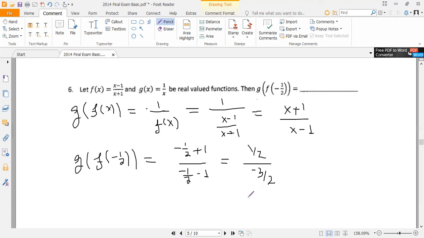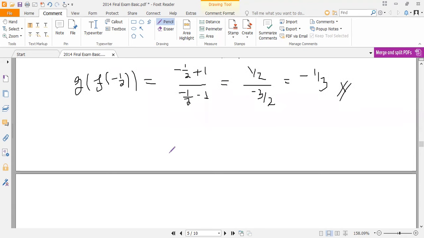So the value for this one is minus 1 over 3. Minus 1 over 3 is the solution.